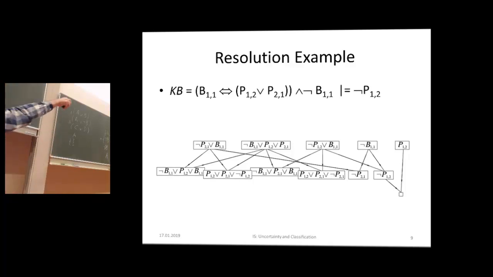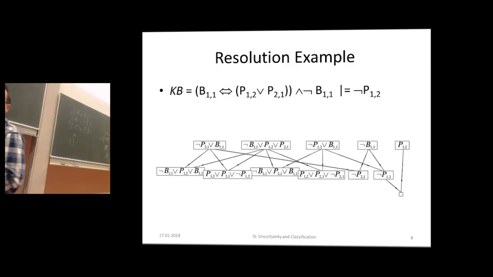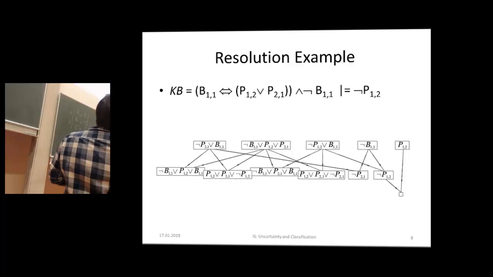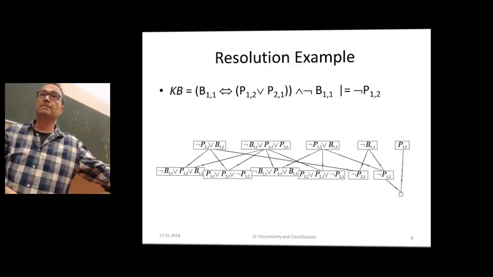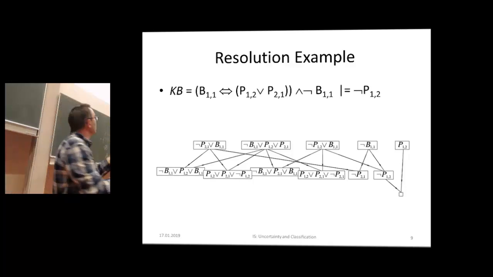And the last one is the negated assumption. Yeah, is that clear? So remember from yesterday. And now we can combine pairs of those clauses that we know in order to derive new facts. And the goal is to derive a clause that is empty. Let's see how that works.